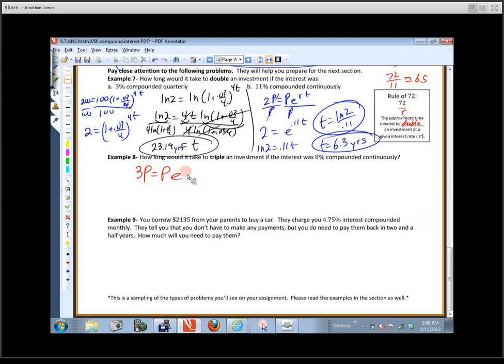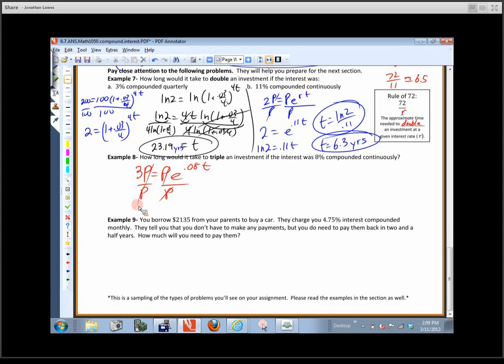3P equals Pe to the 0.08 times t, right? So notice what's happening every single time. Whether I started out with 100 or $10 or P dollars or whatever it was, if I'm doubling, it was 2P over here. If I'm tripling, it's going to be 3P. And notice that when I divide, I always end up with that number. If it was double, it's a 2.